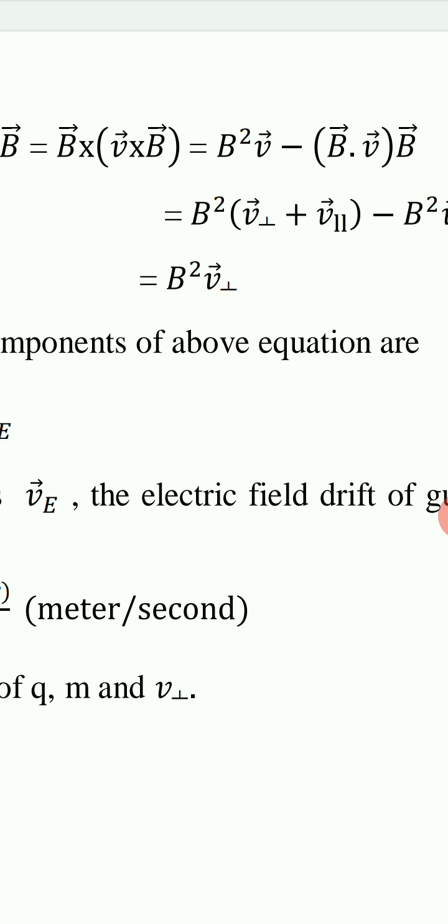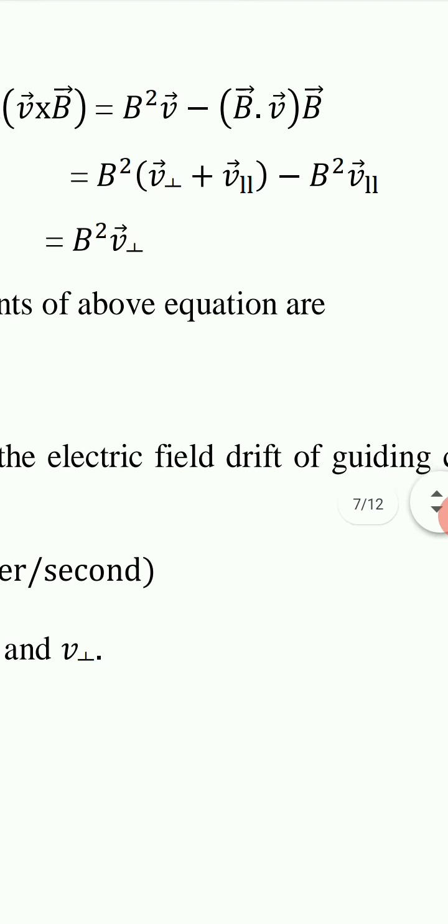We get the first term B square V. Then the second term is minus A dot B times C. A dot B is B dot V and times C means times B vector.